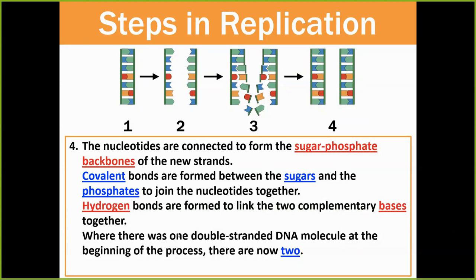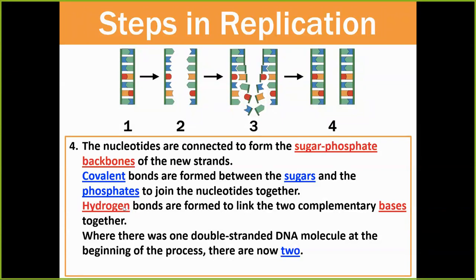Remember, the backbone is made up of the sugar and the phosphate, and these create new strands of DNA. Covalent bonds form on the backbone. Kind of like your backbone, it's really strong. Covalent bonds are pretty darn strong. We build new covalent bonds between the sugars and the phosphates to make the backbone of my new DNA.